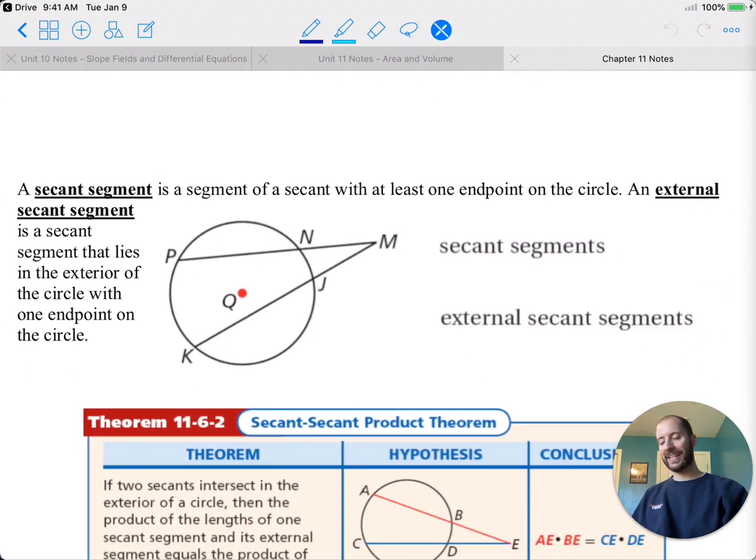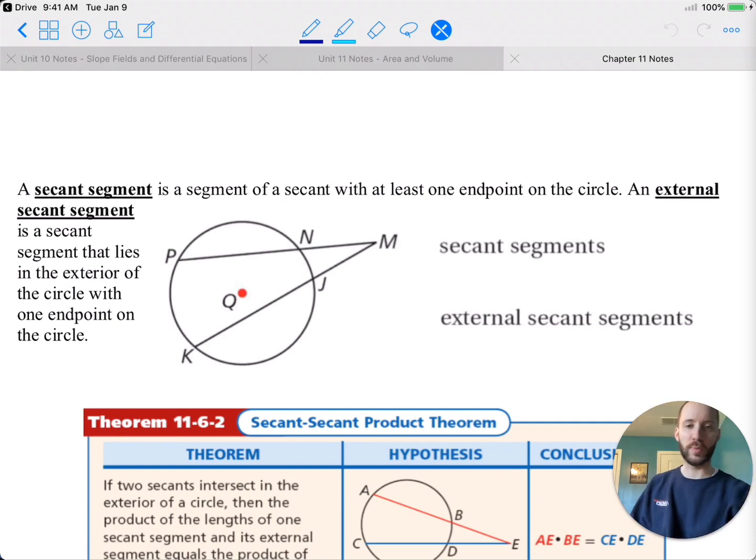A secant segment is the segment of a secant with at least one endpoint in the circle. So remember, every secant has a chord. We're looking at secant segments, kind of the same idea, okay? So a secant segment is a segment of a secant with at least one endpoint.